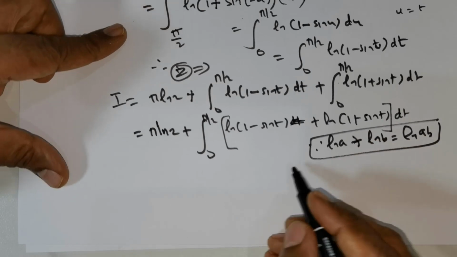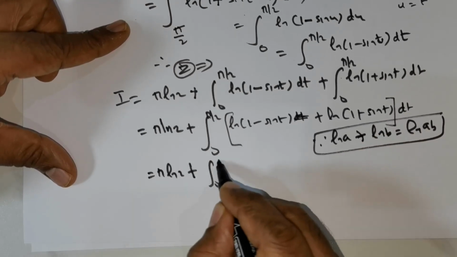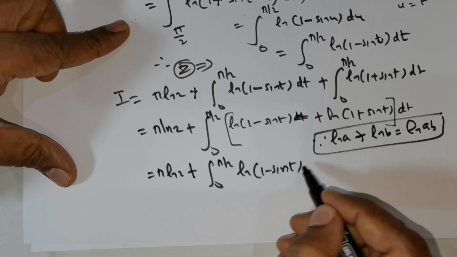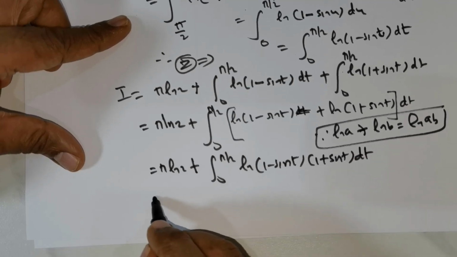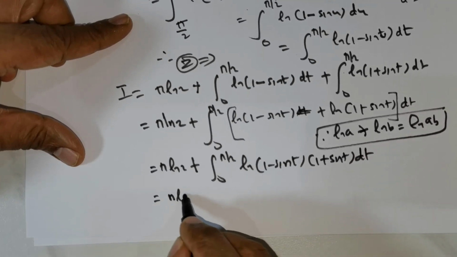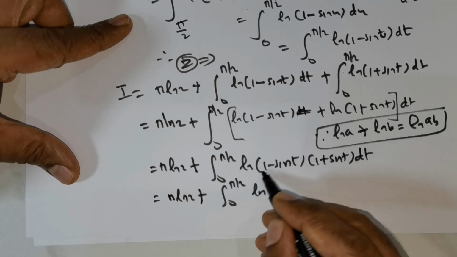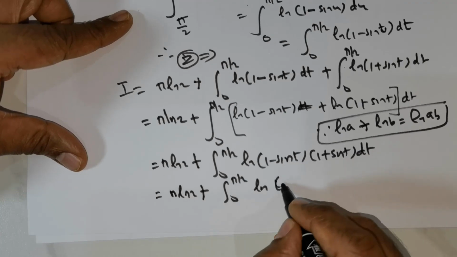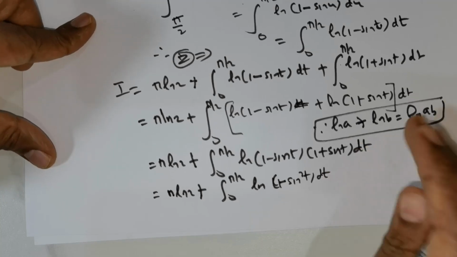Utilizing that formula, this is nothing but pi times ln 2 plus the integral from 0 to pi over 2 of ln of 1 minus sine t times 1 plus sine t dt, which is equal to pi times ln 2 plus the integral from 0 to pi over 2 of ln of a minus b times a plus b, which gives a squared minus b squared. So it's 1 minus sine squared t dt.